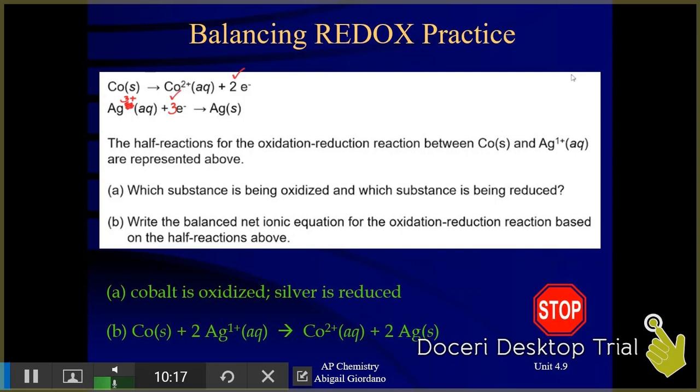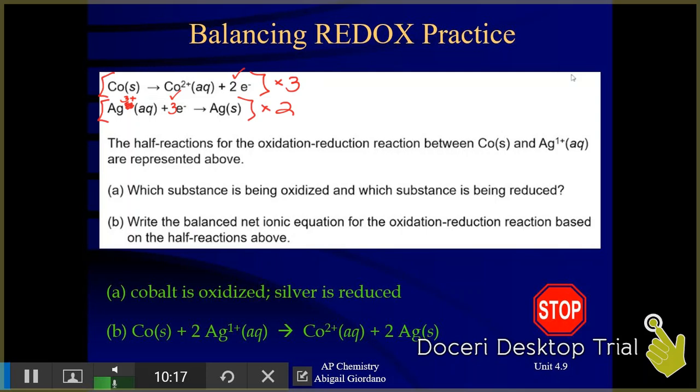There's 2 electrons in the cobalt equation and 3 in the other. Think about what you would have to do to get those 2 equations to add so that the electrons cancel. I would have to multiply this whole equation times 3 and this whole equation times 2. It doesn't come up very often, but it could.